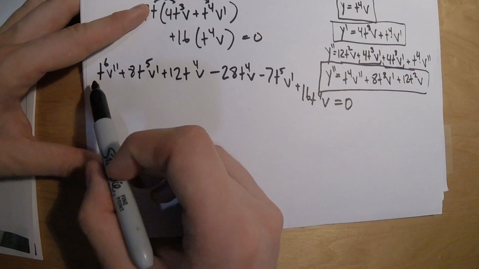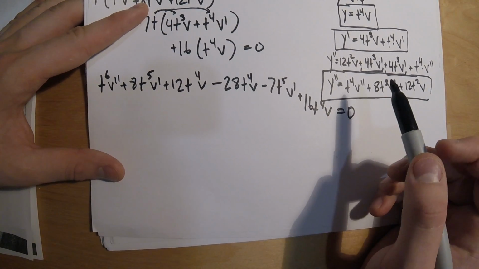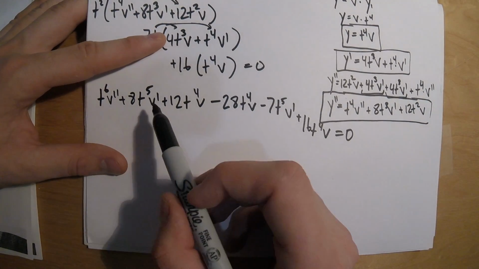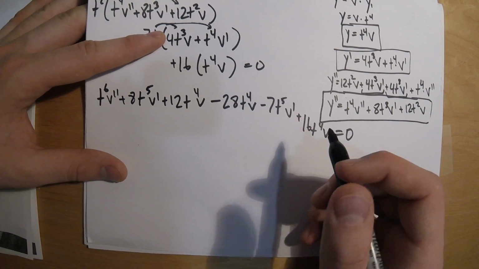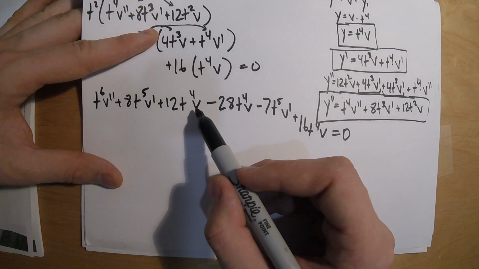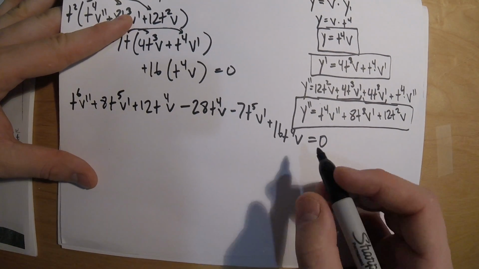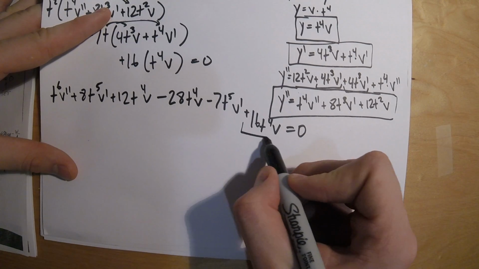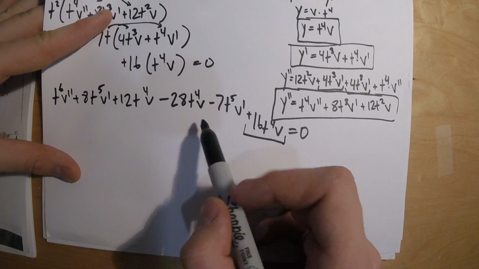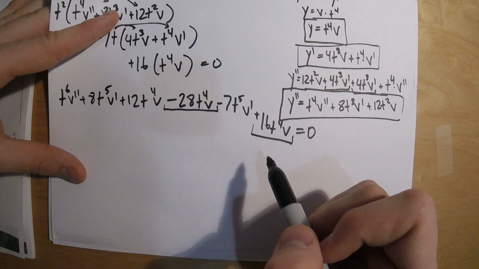Okay, so now this whole thing looks a little disorganized, but you're going to see how everything is going to go away quickly. It's going to look much more organized in a second. So first of all, like I said, you need to get rid of the v. Let's see if we did everything correctly, the v should go away. So first of all, we have here 16t to the fourth v. Now we have this minus 28t to the fourth v.